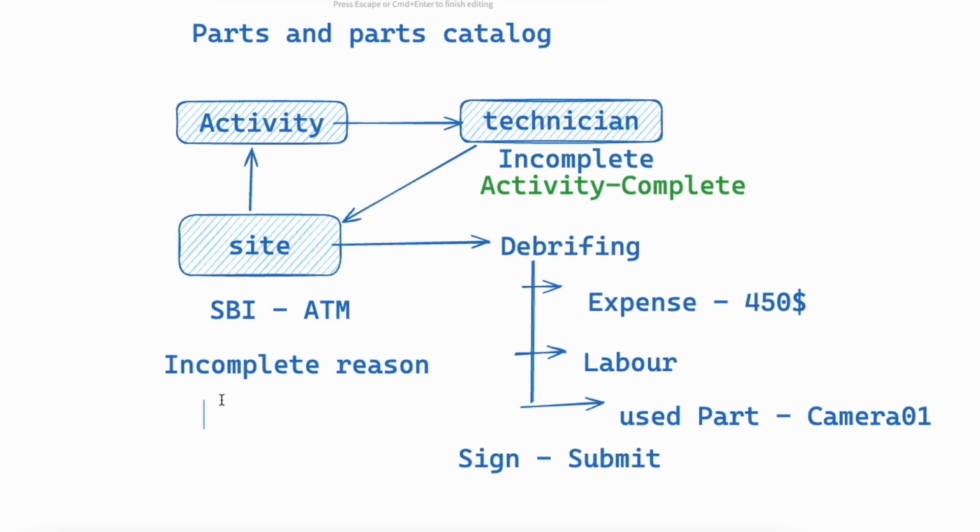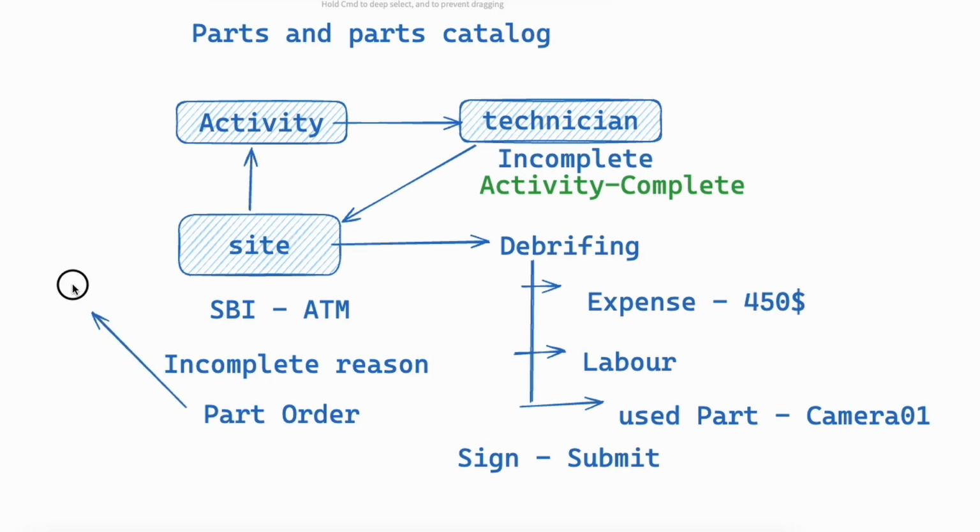Suppose the incomplete reason is that he has ordered the part. So he has created a part order record in Oracle Field Service. It will go to the company ERP system, manufacturing plant and all.